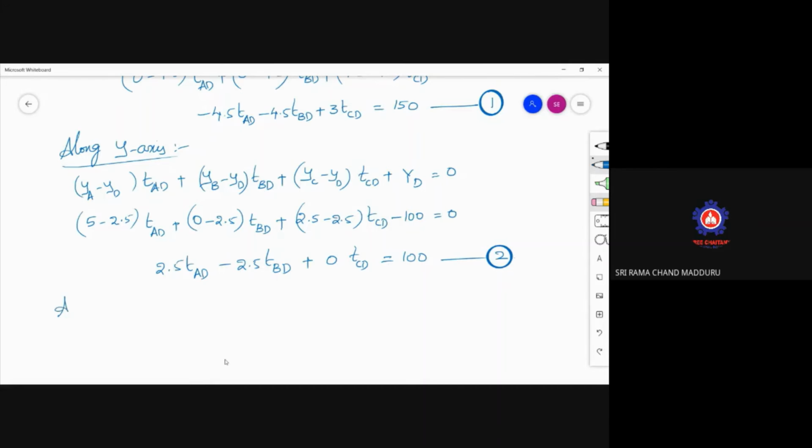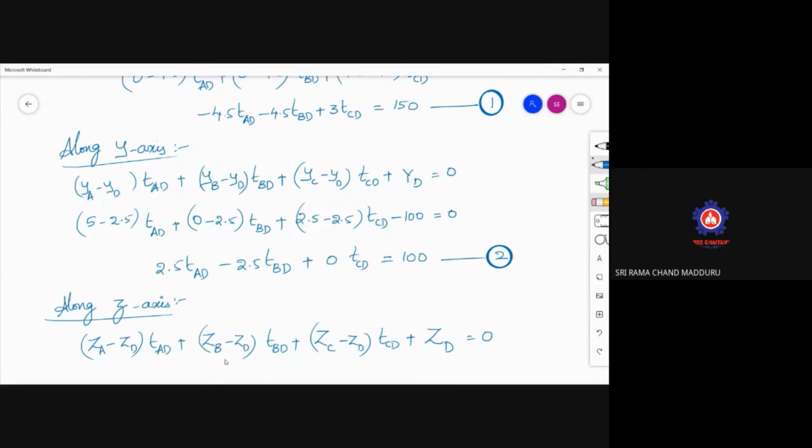Now write down along z-axis. Simply this, ZA minus ZD into TAD, plus ZB minus ZD into TBD, plus ZC minus ZD into TCD plus ZD is equal to 0.